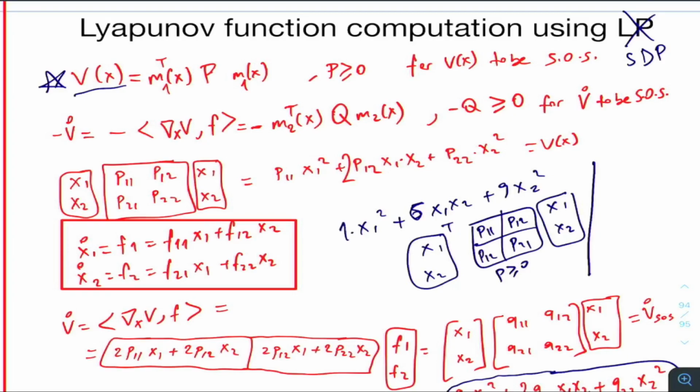Let me just write this. Okay, and let's just write this. Let's expand this, right? Okay, P11 times x1 square, plus 2P12 x1 x2, all right, P21 times x2 square.